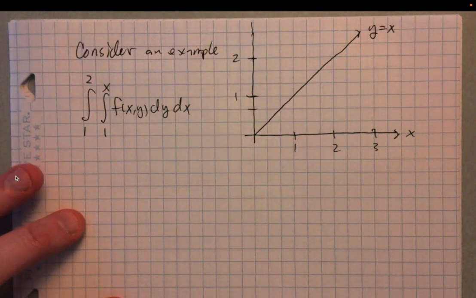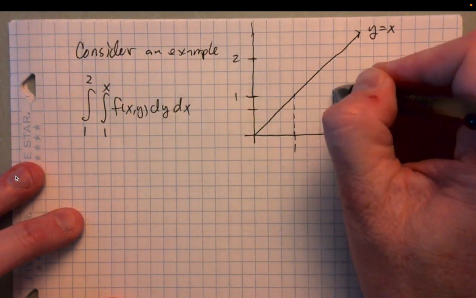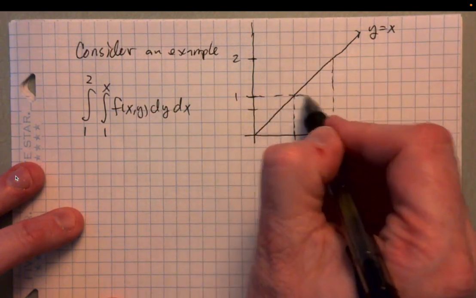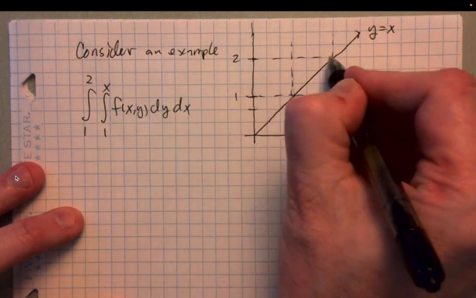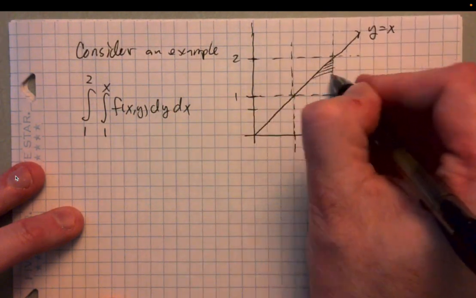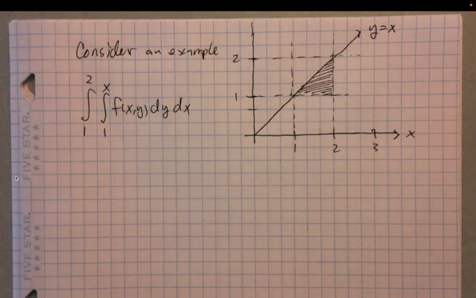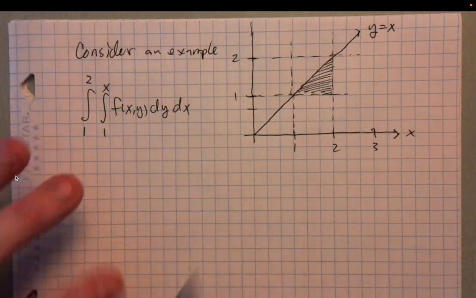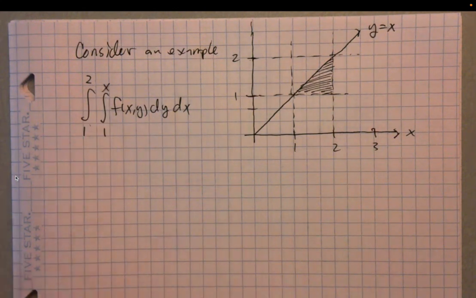Okay, and the area that we're interested in, I'll shade here. Let's just do the whole thing here, so there's no question. We're interested in this area here. The outside limits, namely the 1 and 2, indicate that x lies in the interval between 1 and 2.